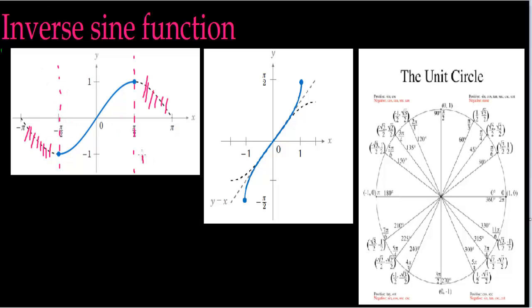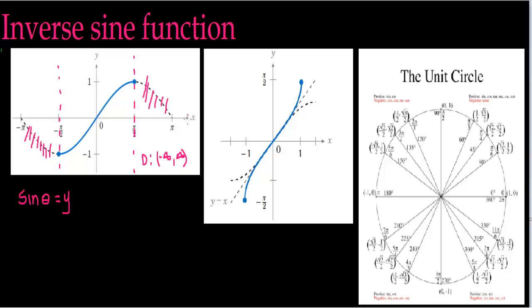Our domain originally, before cutting these off, was from negative infinity all the way to infinity. That means all the x values on this x-axis, from negative infinity to infinity, were valid for this sine function. Now we're talking about the sine of theta. I like to use theta instead of x, just so you know that this value corresponds to an angle value.